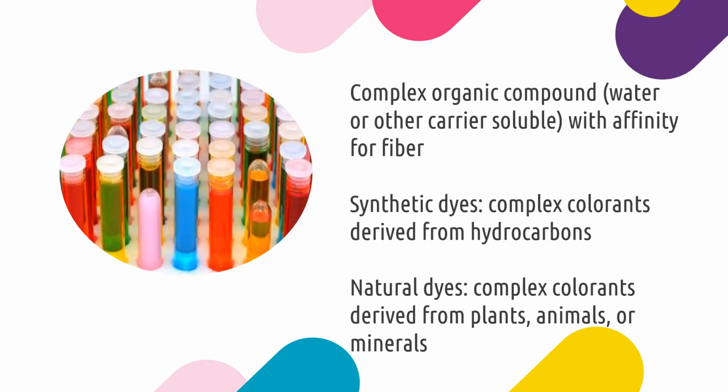But there are natural dyes, and up until 1856, dyes were all natural. And again, natural dyes are complex colorants, and they're just derived from a natural organic source. So, oftentimes they're plants. Saffron. Saffron makes an orange color. You can dye with tea and coffee, onion leaves.